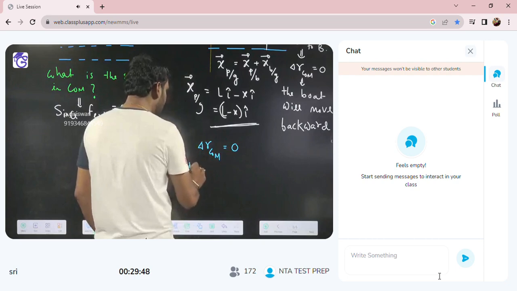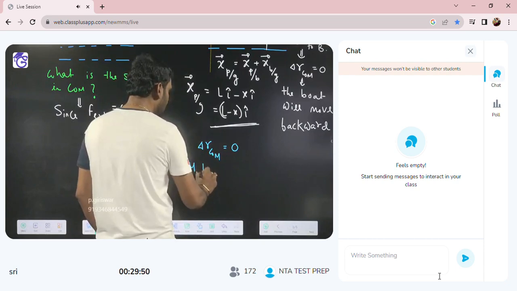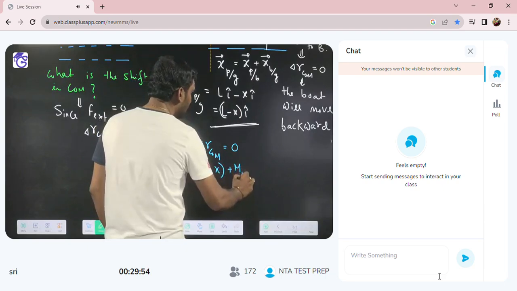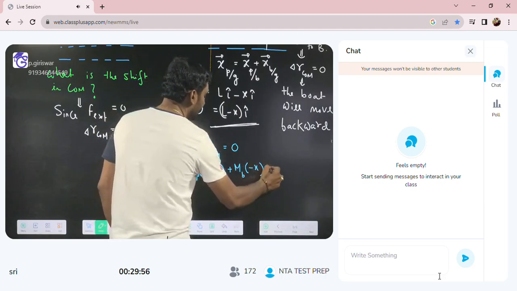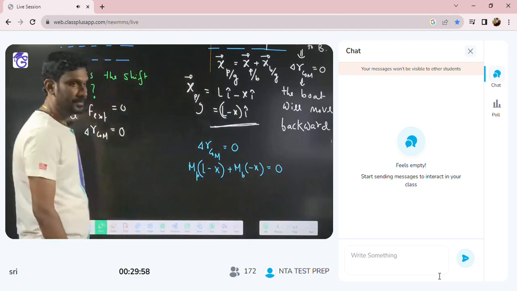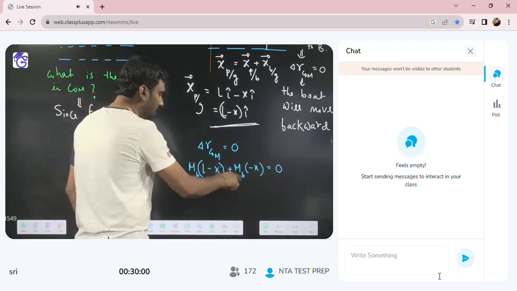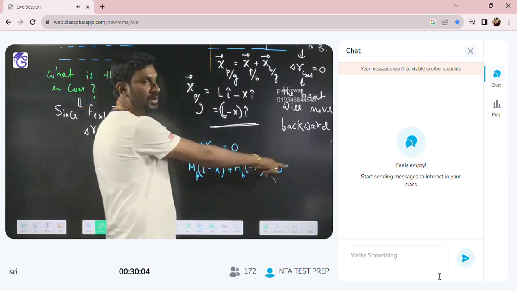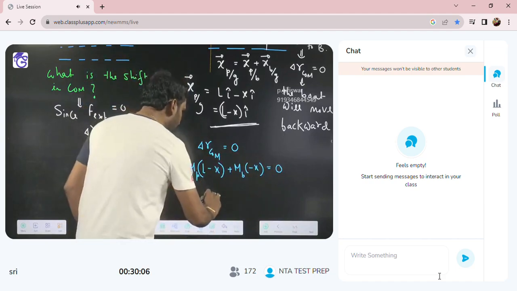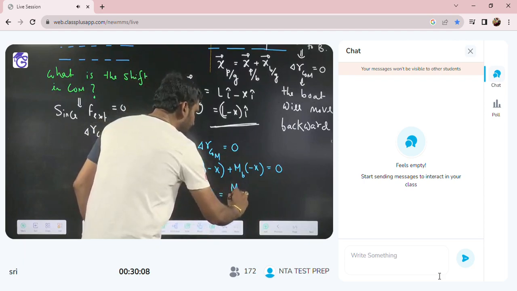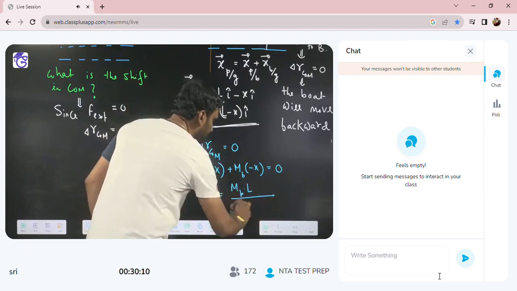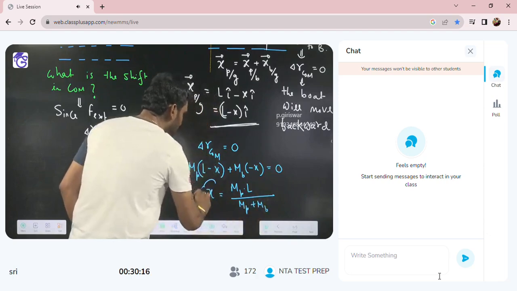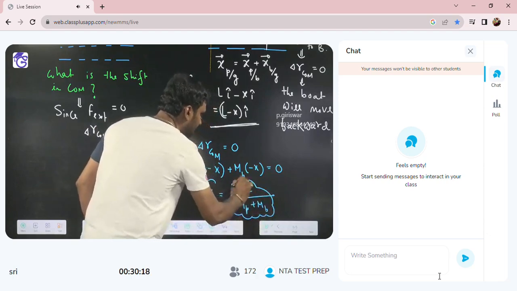Then I'll write mass of the person into L minus x plus mass of the boat into minus x is equal to 0. M1 delta R1 plus M2 delta R2 is equal to 0. From there, x equals mass of the person into L divided by mass of the person plus mass of the boat. That is the final answer.